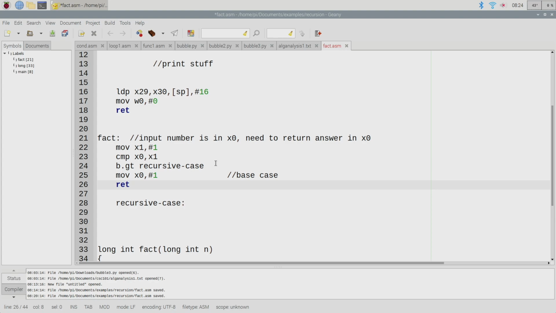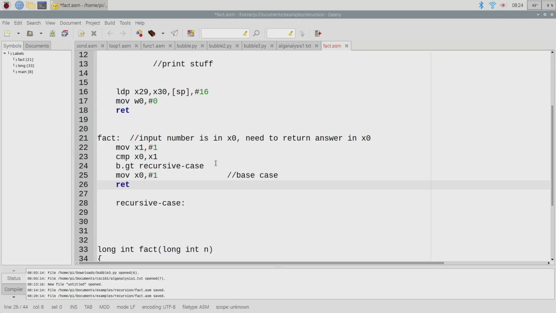Yes, good question. This is the whole point of the link register. The main routine calls the fact function, which brings us down here. So when we hit this ret, it sends us back up to the line immediately after we called the fact function. In the same way that this ret in our main program returns us back up to the line immediately after our operating system called our function, so it returns control back to the OS.